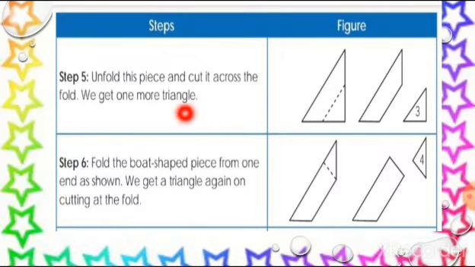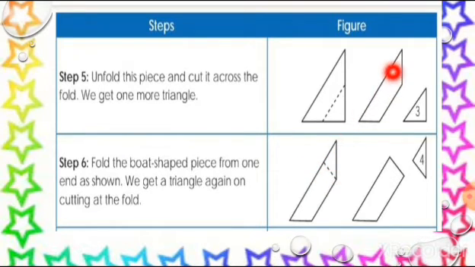Unfold this piece and cut it across the fold. We get one more triangle. So after cutting this side you will get one more triangle. Then fold the boat shaped piece from one end as shown.